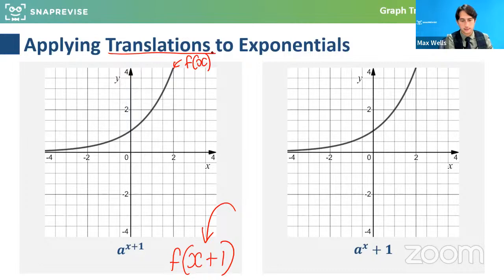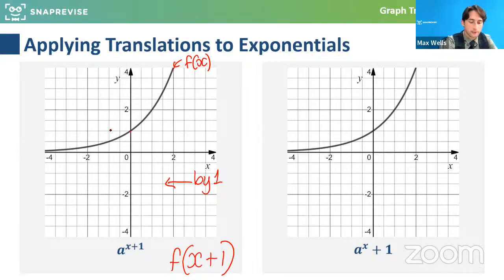It is a translation, but let's be specific. So inside the brackets, you do the opposite to x. So this will be a shift of that graph to the left by 1. Yeah, so let's have a little look. So I'll sketch this.